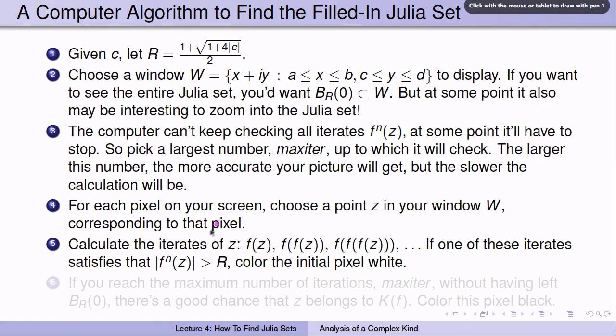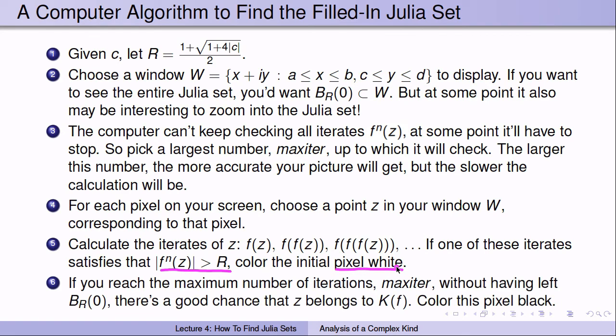Once you have found the coordinates of your point z in your window, calculate its iterates. Find f of z, f of f of z, f of f of f of z, and so forth. If one of these iterates satisfies that its absolute value is greater than r, then you know this point belongs to A of infinity and not to the filled-in Julia set, so color it white.